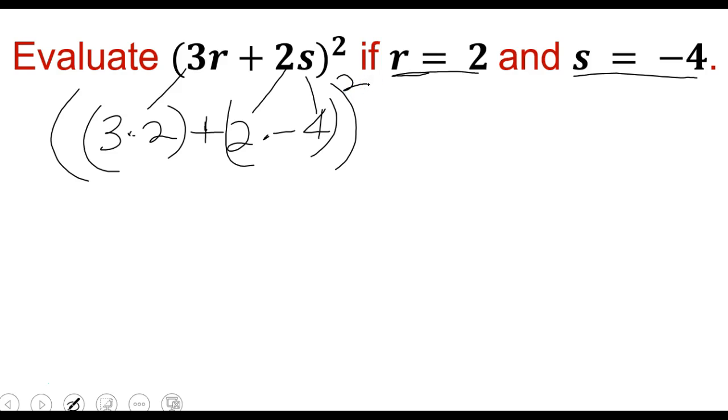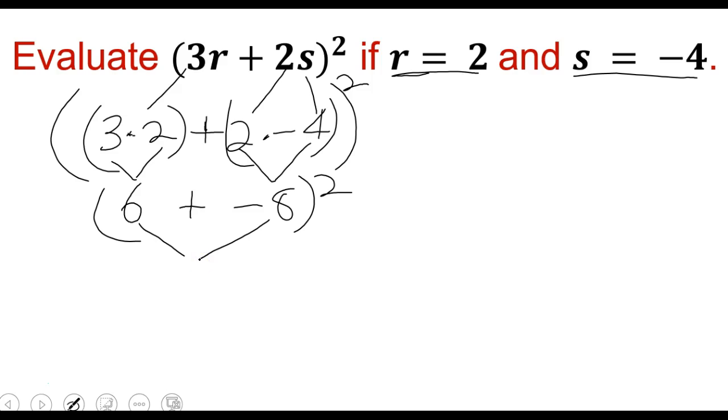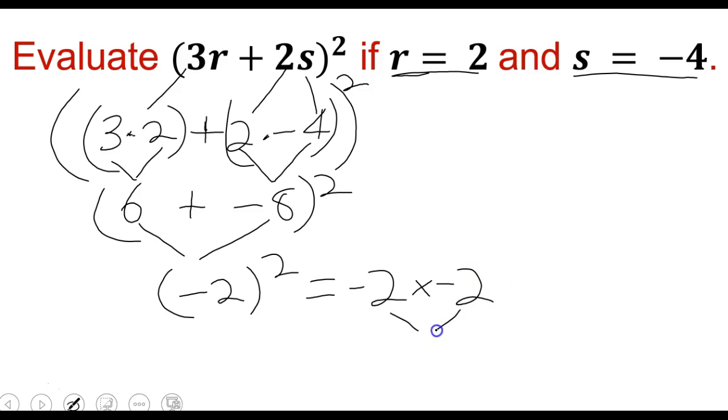Keep the square, work inside out. 3 times 2 is 6 plus 3 times -4 is -12. All still squared. Now 6 plus -12 is -6. Still squared. Now -6 times -6 is +36. Okay, hope you're getting this.